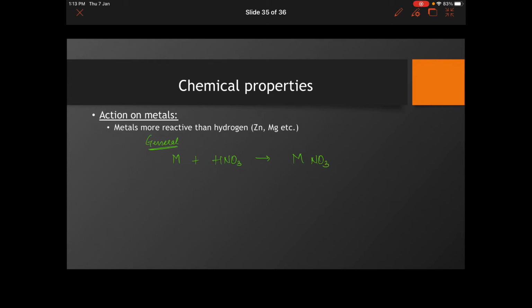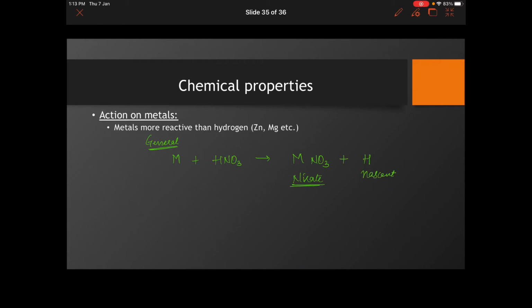Now again, NO3 can be basically once, twice, thrice, depending on the valency of the metal which is there. So nitrate will be formed over here, and with the formation of nitrate, it releases nascent hydrogen.